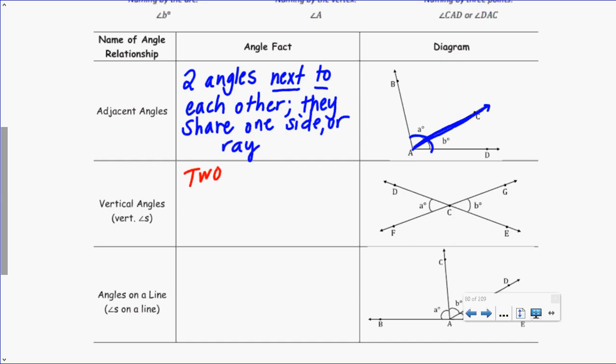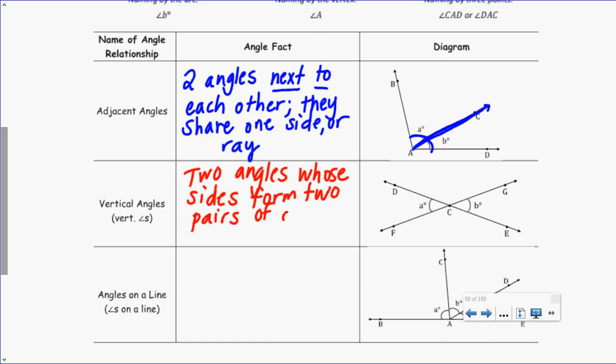Vertical angles are two angles whose sides form two pairs of opposite rays. And what that means here is that angle A is equal to angle B.